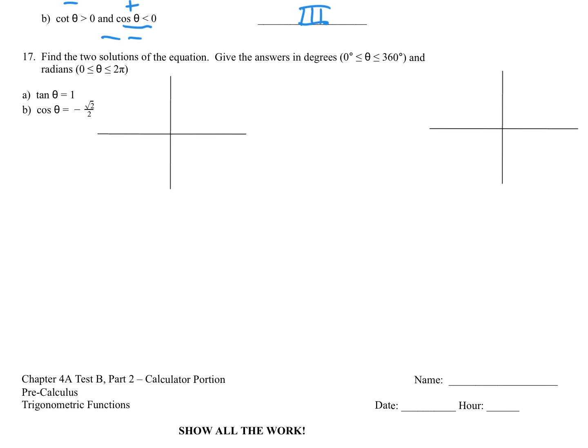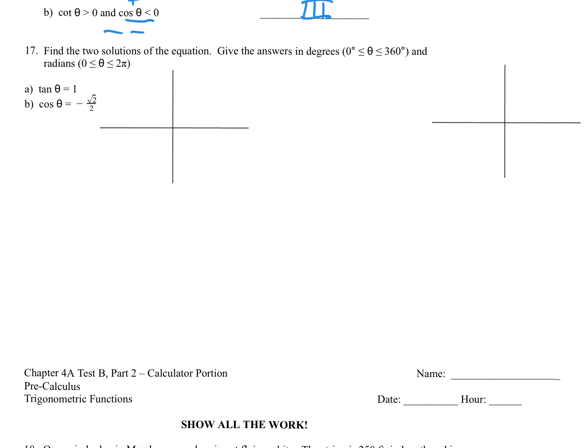Okay, number 17. Find the 2 solutions of the equation. Give the answers in degrees and radians. Okay, so for A, we'll call this one A, and we'll call this one B. For A, it is 1, so that is a 45-degree one. So we either have +1 here or +1 here, and it is 45 degrees, so we want pi over 4.